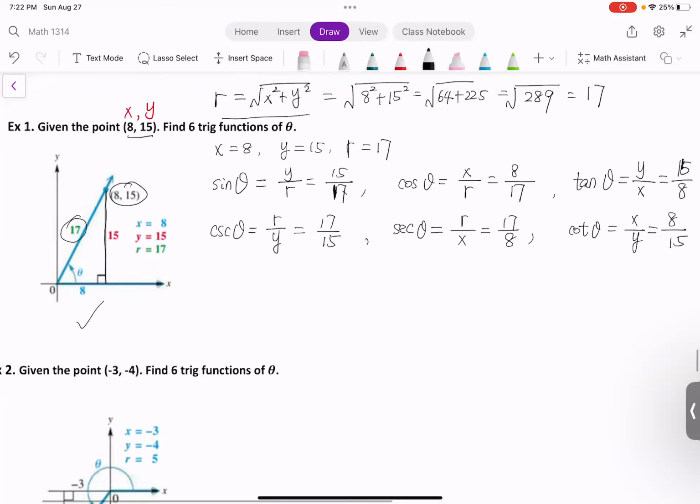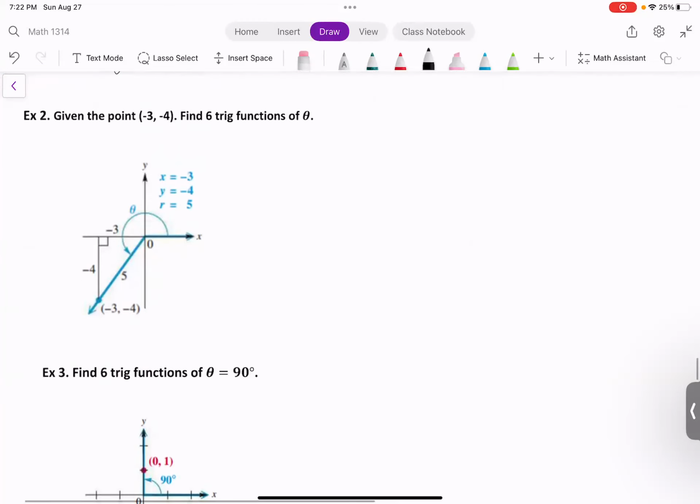Let's try the next one. For example, the question doesn't provide you the graph. How should I graph my own image or find my picture to help me solve the 6 trig functions? So first, plot the point (-3, -4).